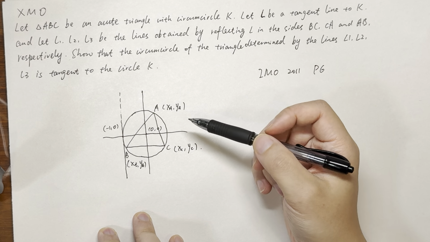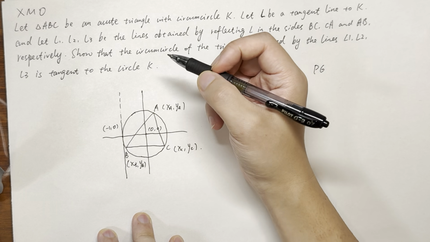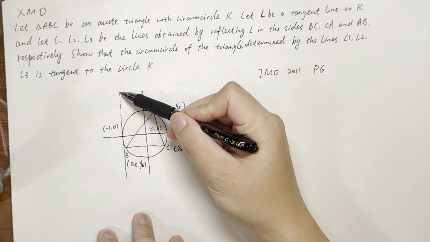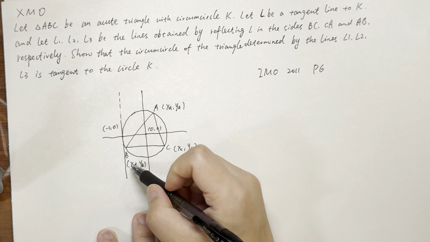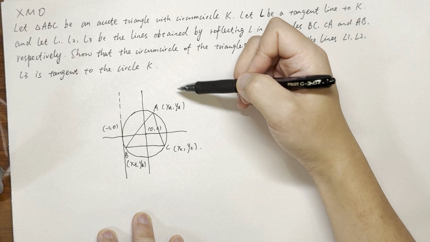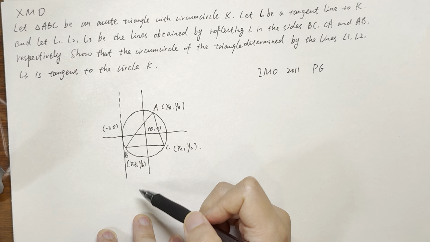And now what we have to do is calculate the line equation of this one reflecting to AB here and reflecting to AC, and reflecting to BC.